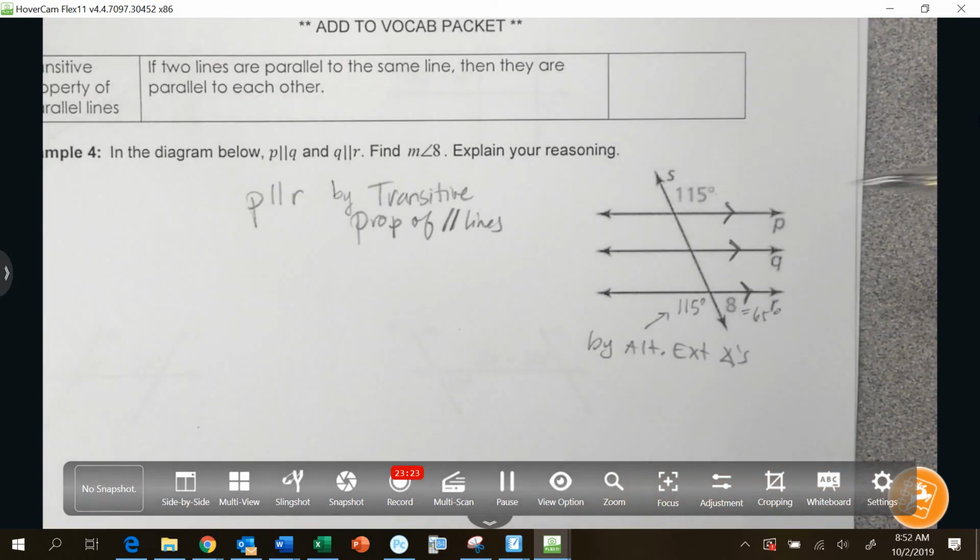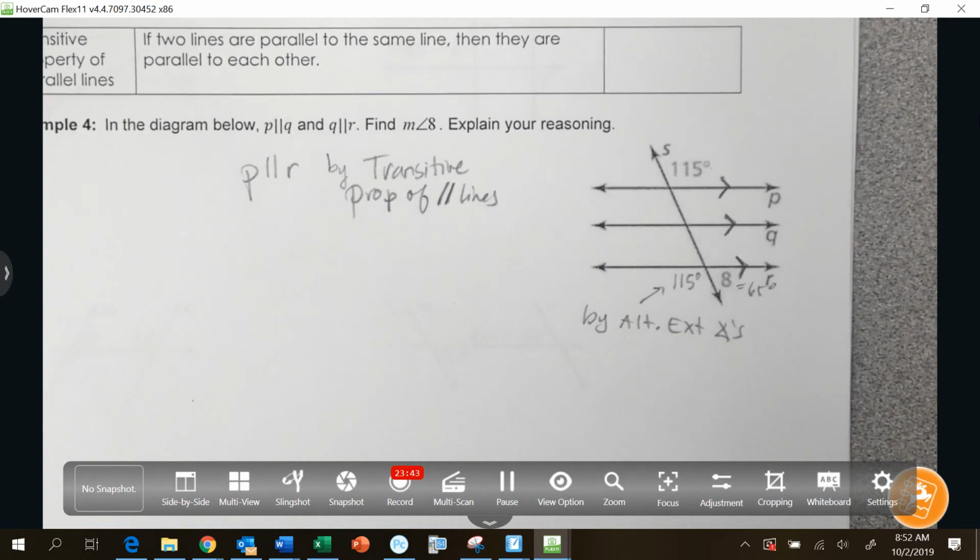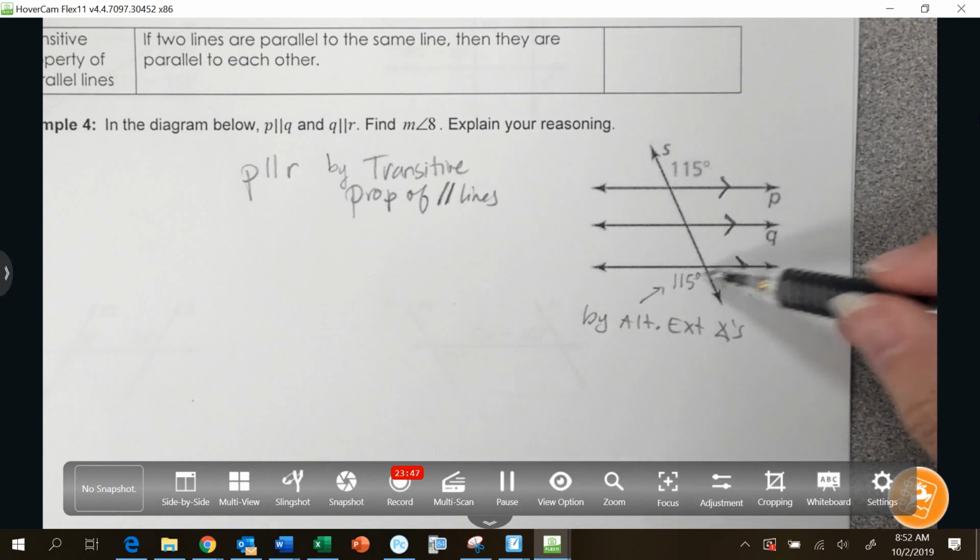So then how could I get to angle 8? How do I know they're supplementary? So it's a line, and there's 2 of them. They make a line. Somebody else help him. What am I talking about here? Denise, do you know what I'm talking about? These 2 angles together?